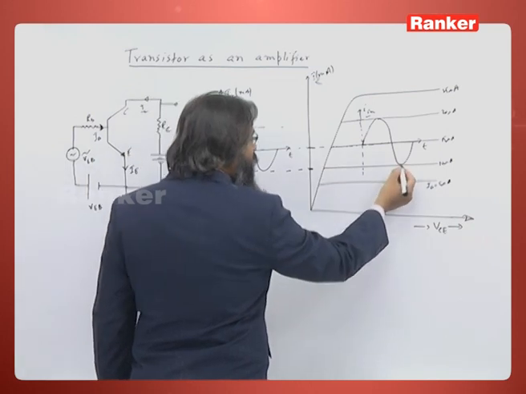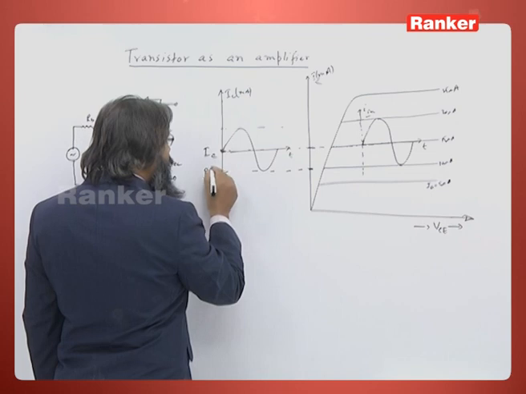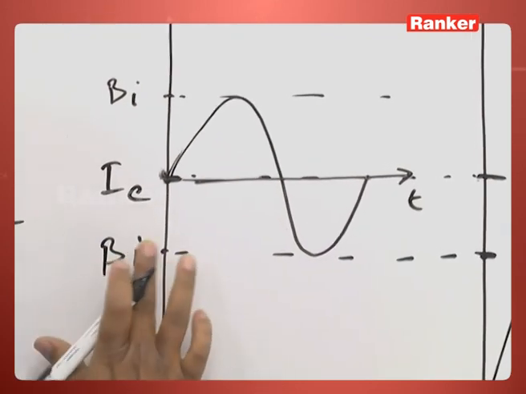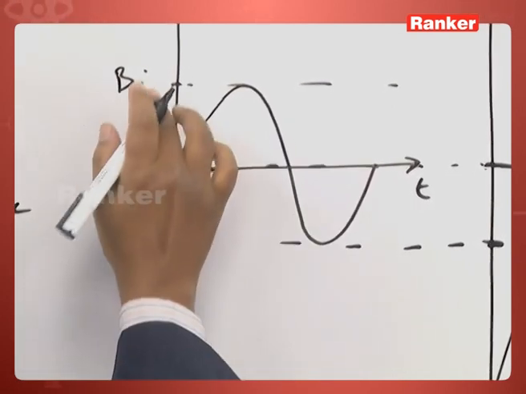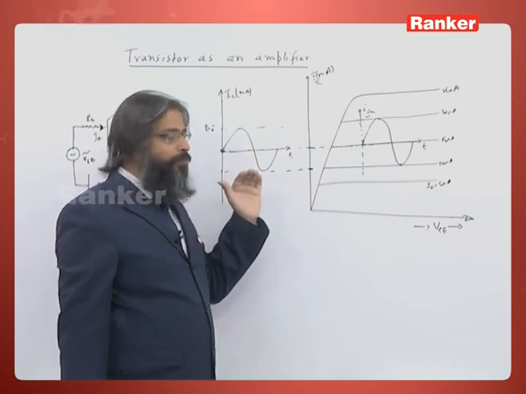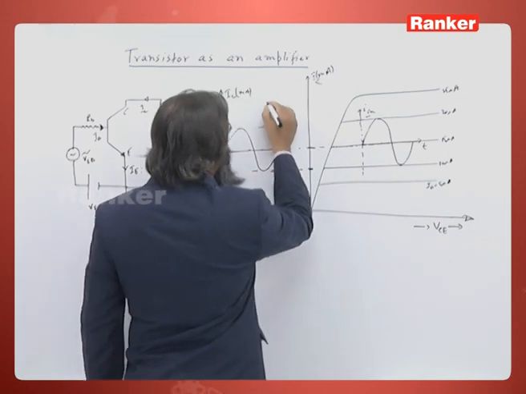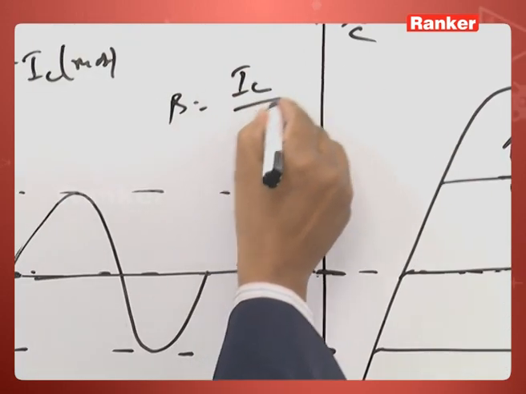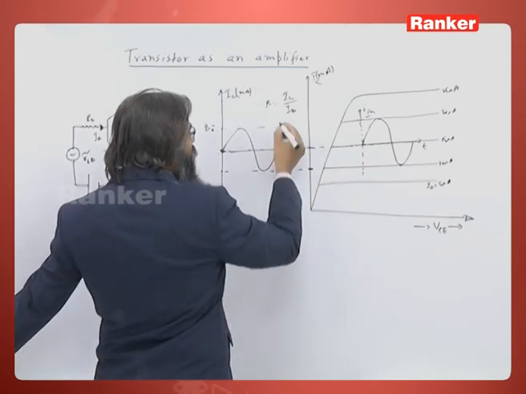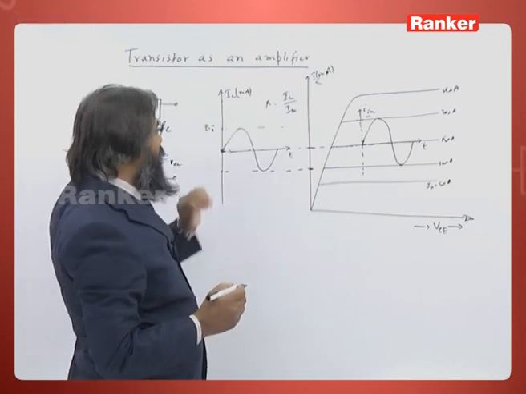The output is beta times the input current, so simply I will write this as beta I. Beta is the current amplification, that is, beta is equal to collector current IC by base current IB. This is DC and this is AC, meaning beta AC and beta DC.